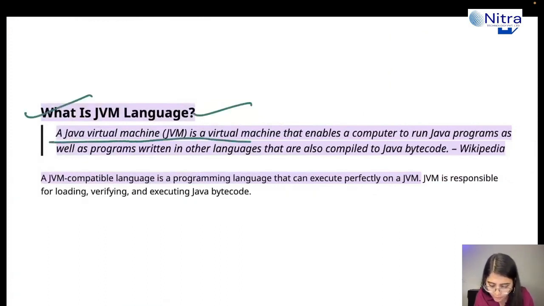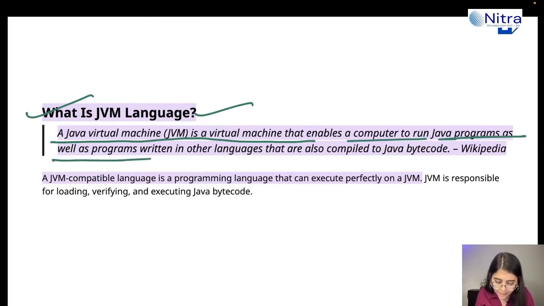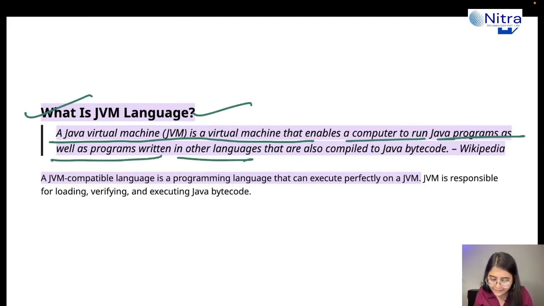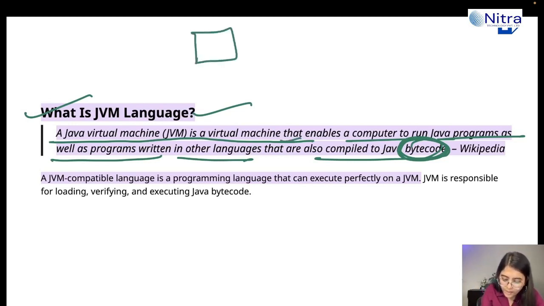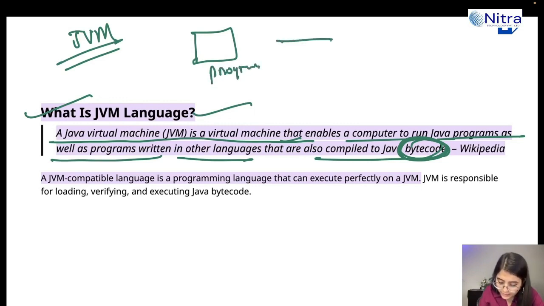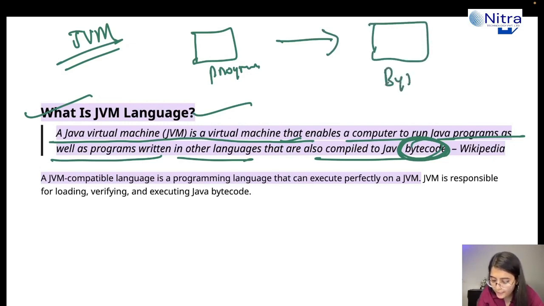The Java Virtual Machine is a virtual machine which enables a computer to run Java programs as well as programs written in any other language which can compile to bytecode. Basically the JVM is a machine which can run any program that is compiled into bytecode.